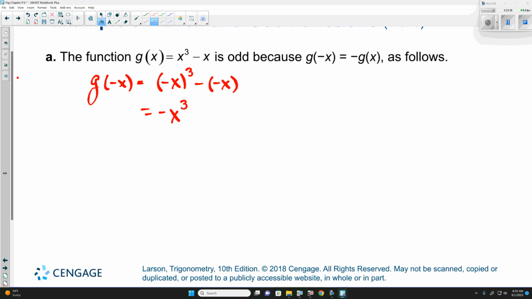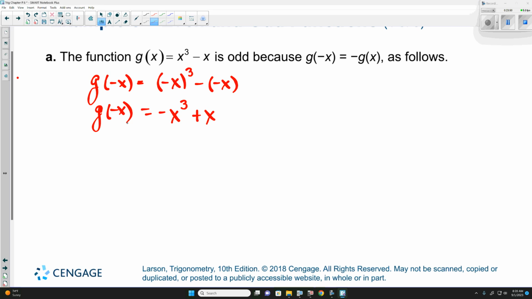But realistically, if we have a negative x to an odd power, it's going to stay negative. If it was to an even power, it would become positive. And lastly, negative negative x is plus x. So our g of negative x is equal to negative x cubed plus x.